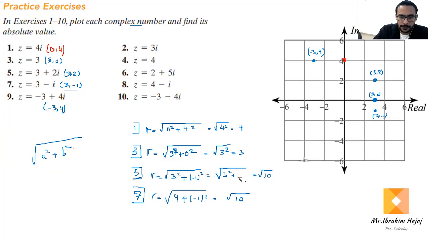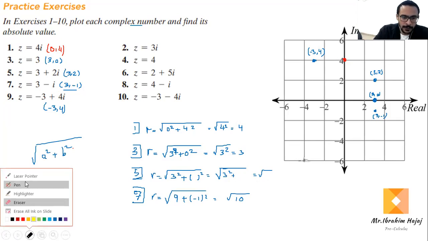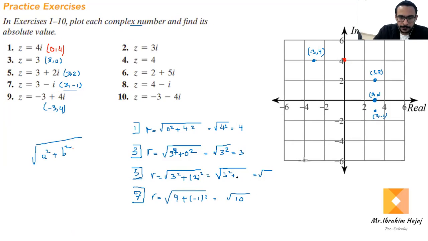It's 2, not negative 1. 2 squared equals 4, so 9 plus 4 is 13. It's the square root of 13.